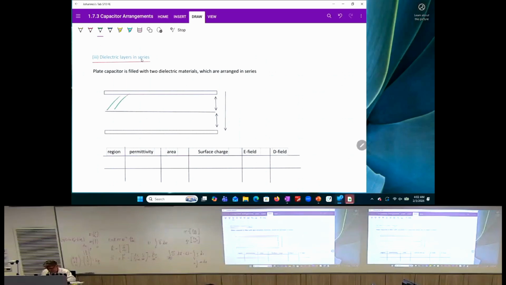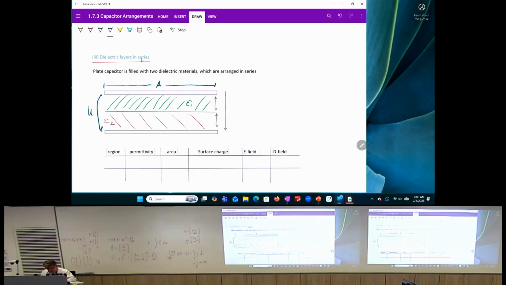So you have a material epsilon 1 here on the top, and on the bottom a second material, epsilon 2. You have an area of this capacitor plate, which is denoted by A. You apply a voltage between these two plates, which is U.